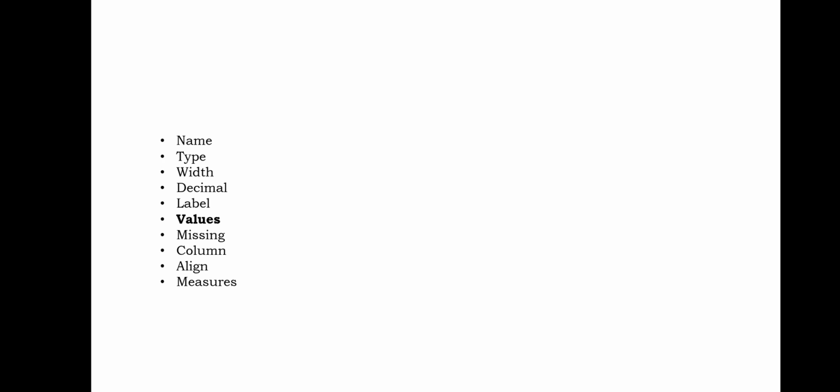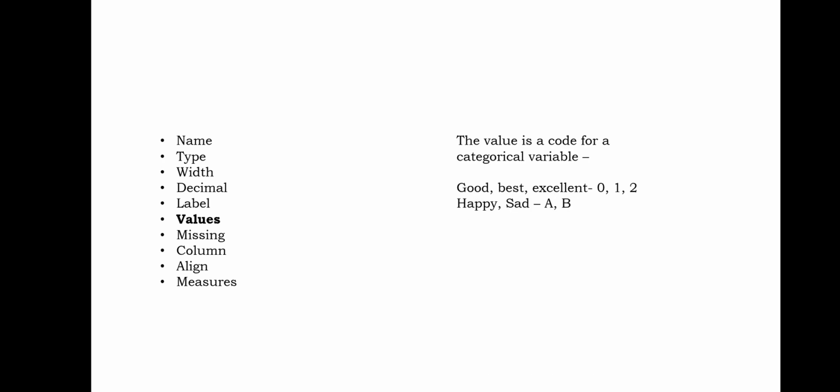Now let's know about the values. As we know, whenever we analyze data, in order to do mathematical calculation, we have to give codes to the questionnaire options filled by the respondent. So giving codes to a categorical variable is called values. So we fill values.